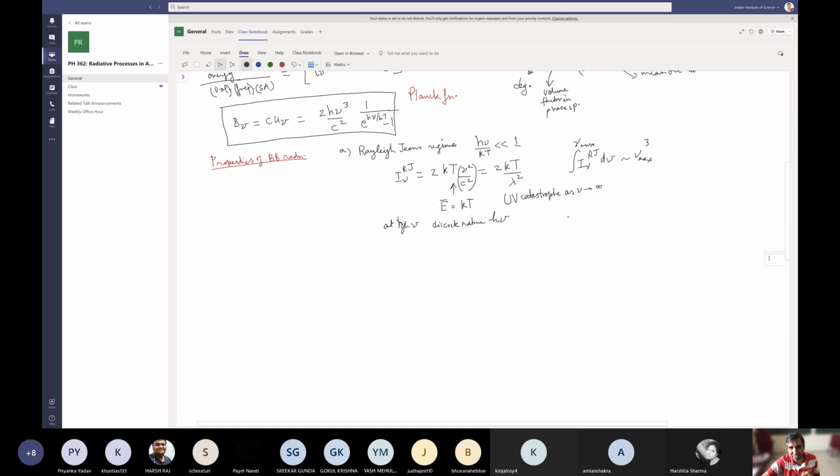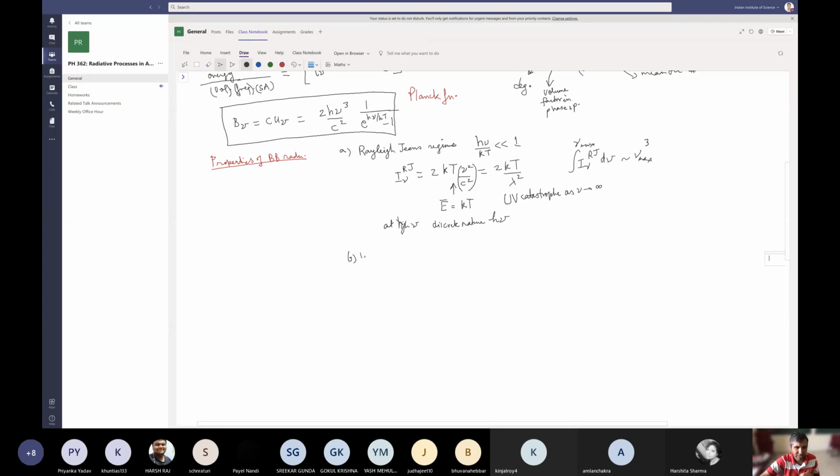If you go to very, very high frequencies for a given temperature, the number of photons becomes exponentially small. You cannot have many photons, so you have to be careful about that. So this is the Rayleigh-Jeans law, and it is valid when you are looking at frequencies where h nu is smaller than kT.